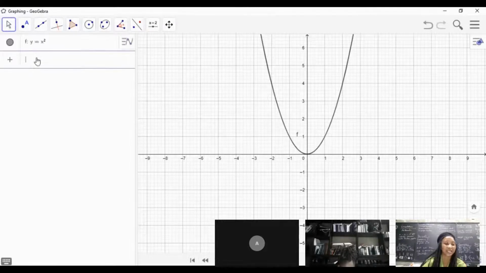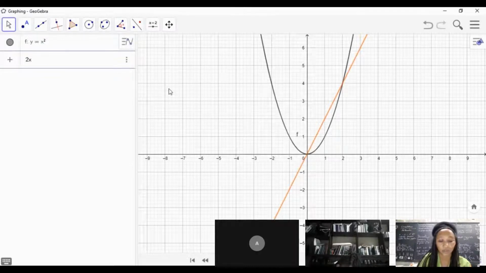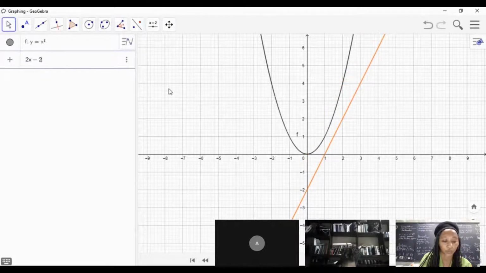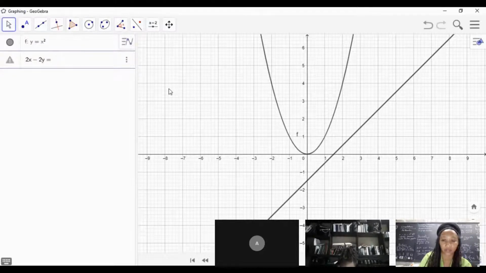And let's say we want a line 2x minus 2y equals 3. No, not that, not 3. I want it to actually cut.